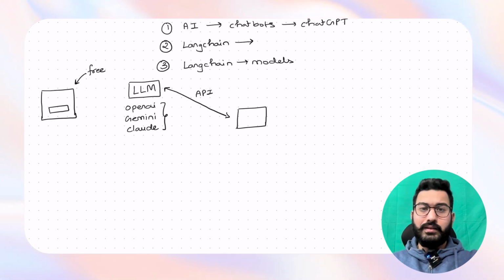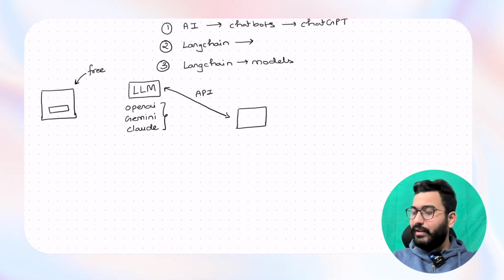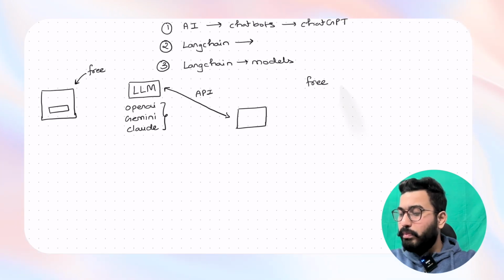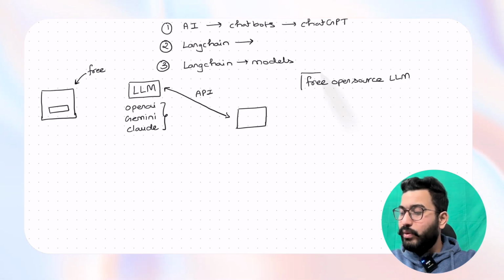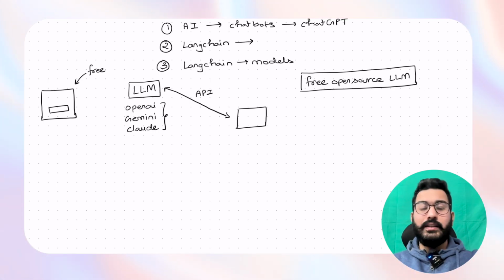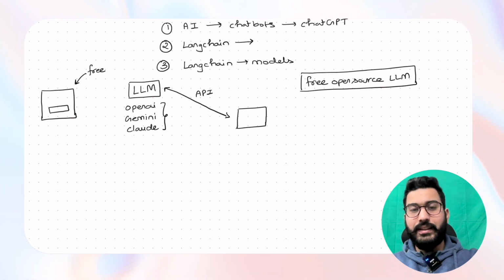But that's not the only thing available in the market. There are nice people also. There are some free open source LLMs also, and these free open source LLMs are available for free use. You can either download them or use them on some kind of inference website.